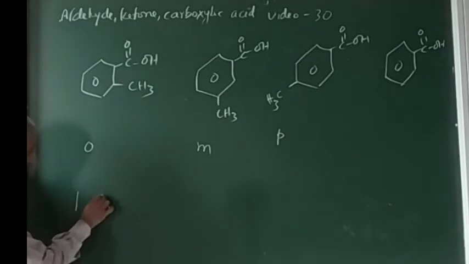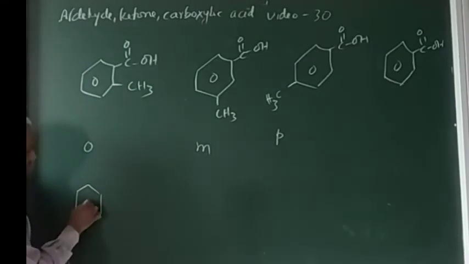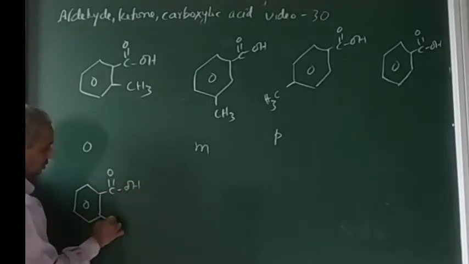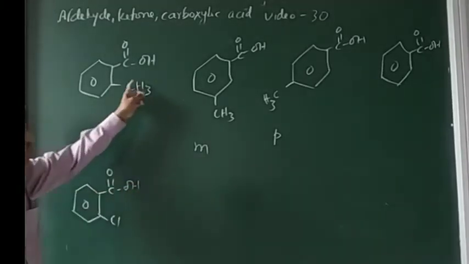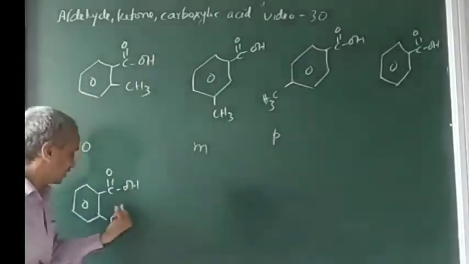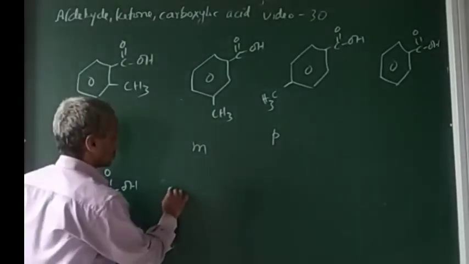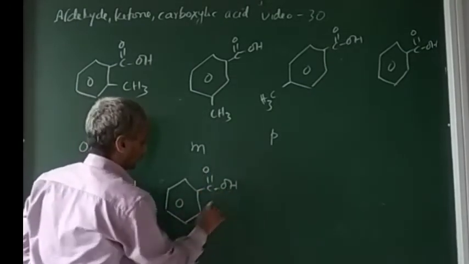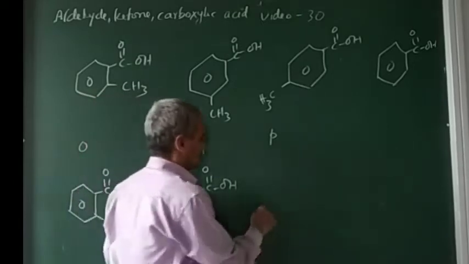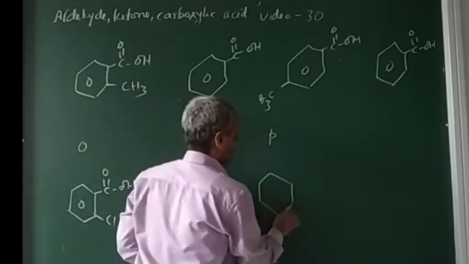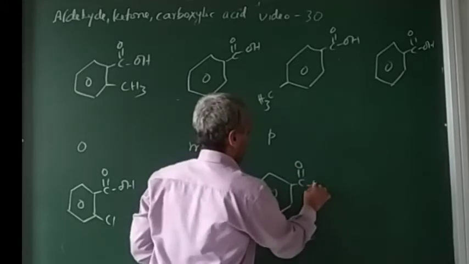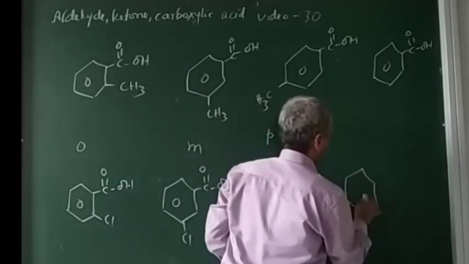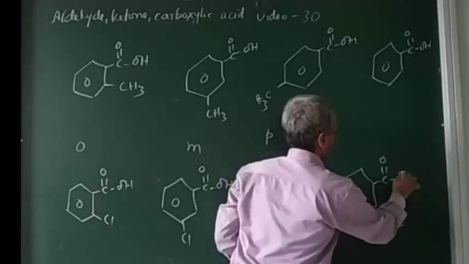Now take this example, COOH with chlorine. See, these are all electron donating groups, whereas this is an electron withdrawing group. This is COOH with Cl, and this is without anything, COOH.